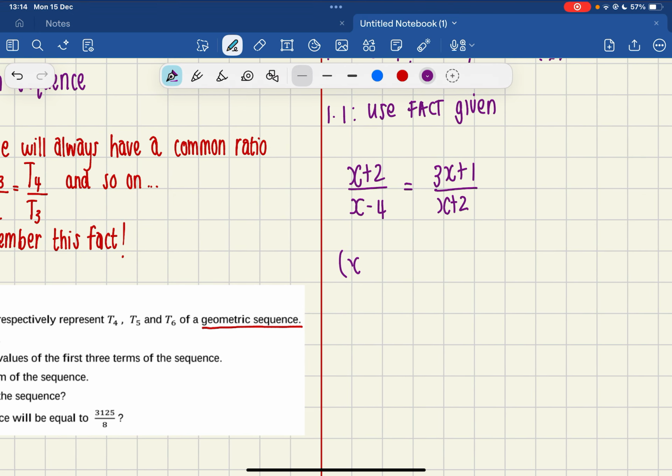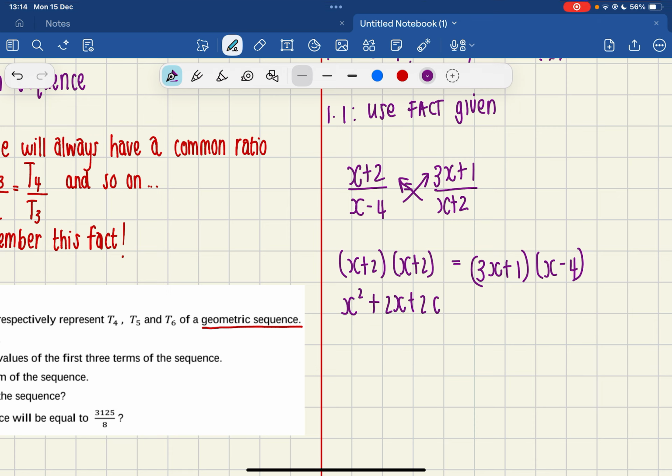In this case, because we cross multiply, we have x plus 2 squared is equal to 3x plus 1 multiplied by x minus 4. And we'd have x squared plus 2x plus 2x plus 4 is equal to 3x squared minus 12x plus 1x minus 4.